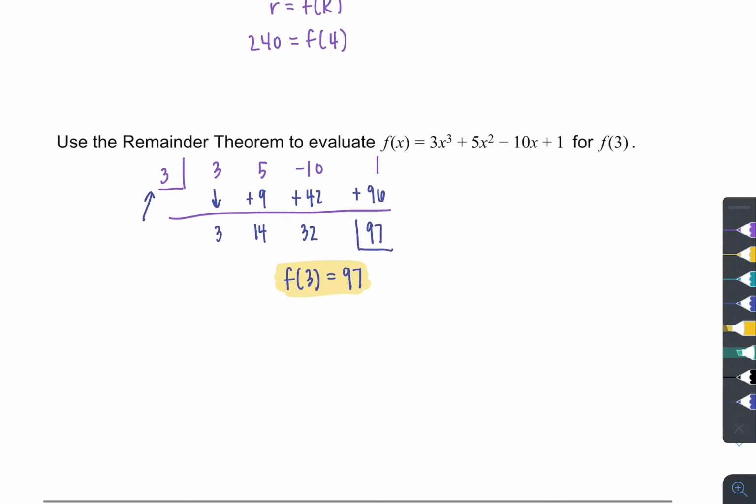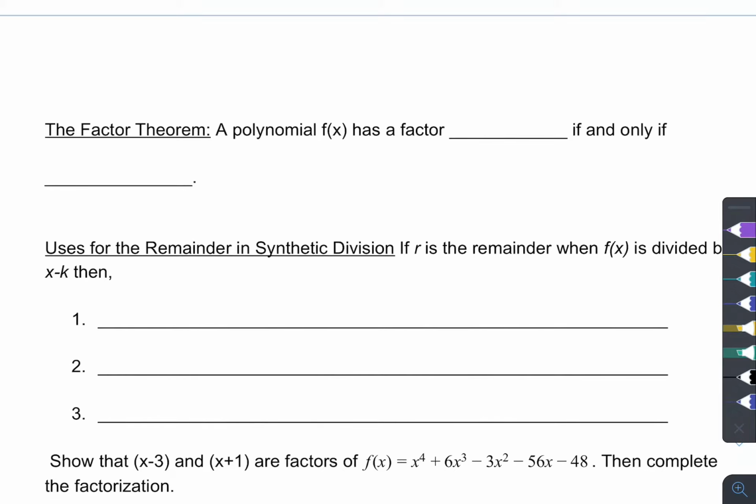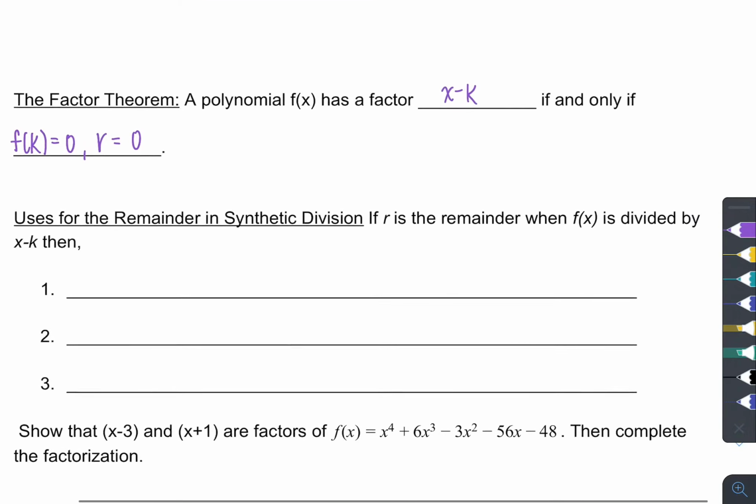All right, factor theorem. Basically what that's saying is a polynomial has a factor of x minus k only when f of k is equal to 0, or your remainder is equal to 0. There's a few things that come along with that.